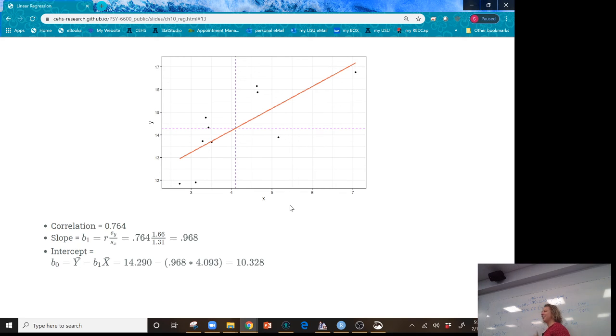X or Y? Y. So this is our change in Y. And we use the triangle to mean change in math and stats and chemistry. Which direction do we run in? X-axis.